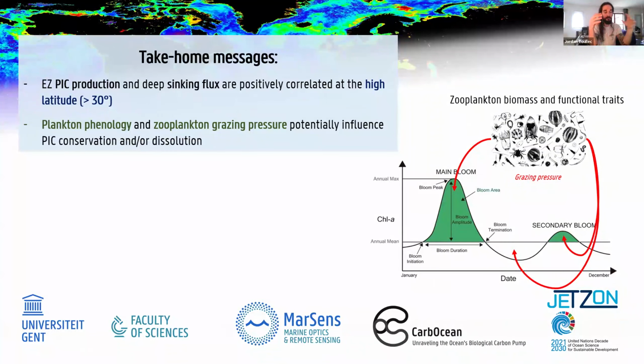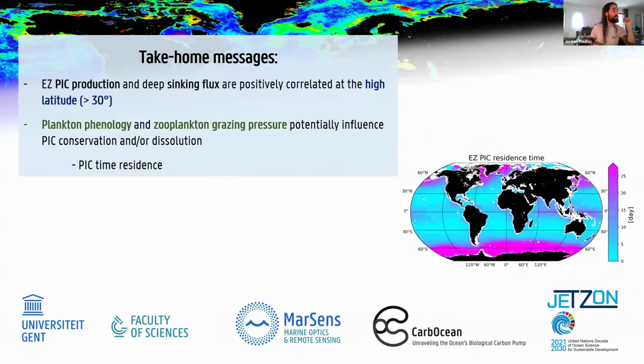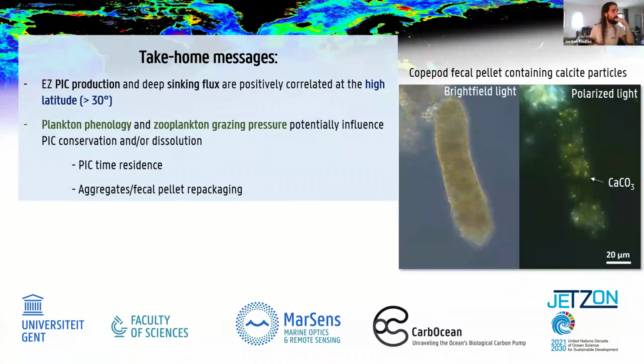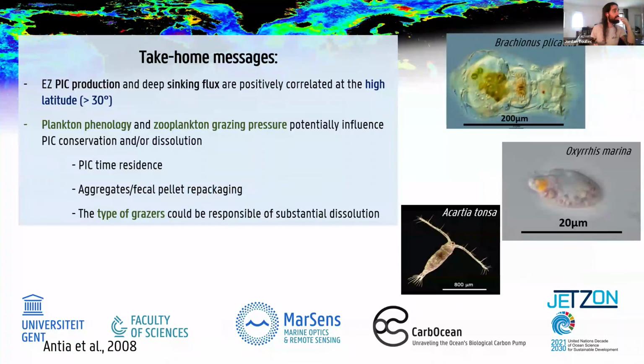This means that probably the pattern of this high dissolution of PIC in the euphotic zone and in the mesopelagic layer is due to complex ecological dynamics which integrate different zooplankton taxa and different functional traits. The PIC residence time is also important to these flux patterns. Also the aggregates and fecal pellets repackaging, probably. And also the type of grazer.